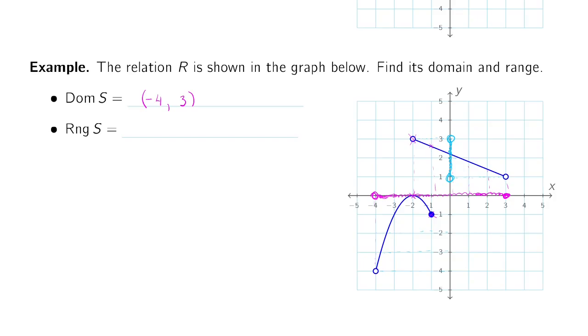And then there's nothing between 0 and 1. But then we've got some more range down here. And we'll have an empty dot at -4. And then this -1, well, both of these points are on the graph and have y-coordinate -1.